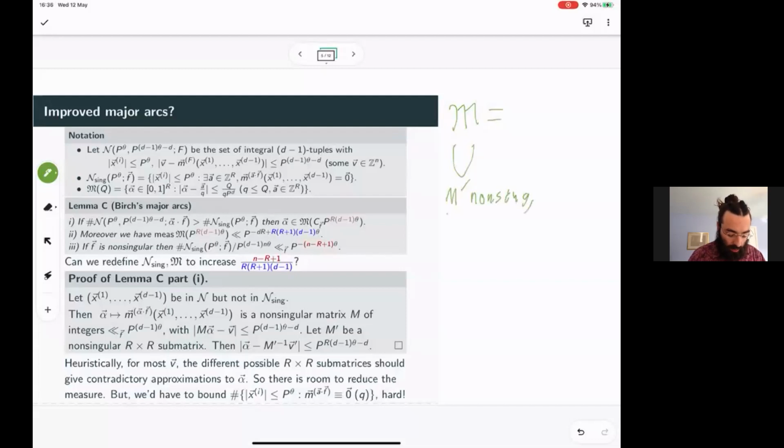M primed, a non-singular R by R matrix of integers of size at most p to the d minus 1 theta.